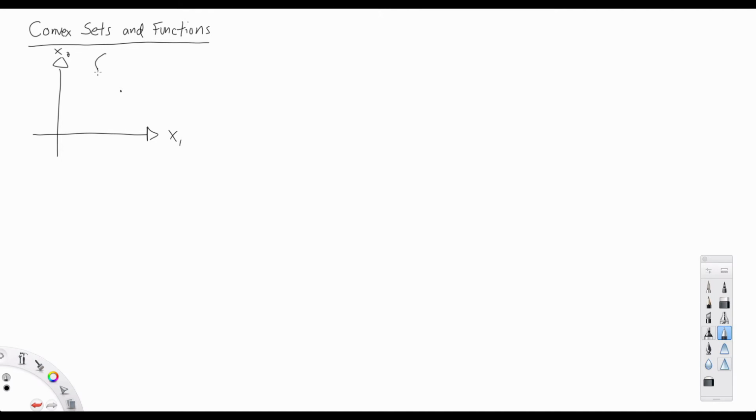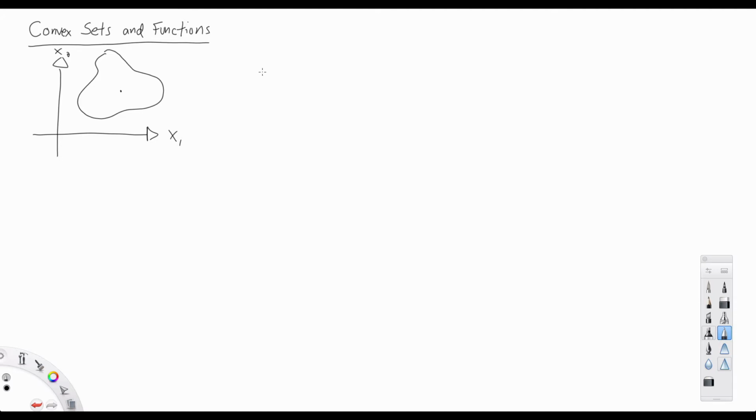If I were to define a boundary and said that all of the points that are on this boundary or inside the boundary are in some set, that comprises an infinite number of points in this two-dimensional space. We can now start to define what convexity is. A set is convex if a line connecting any 2 points in the set stays in the set.